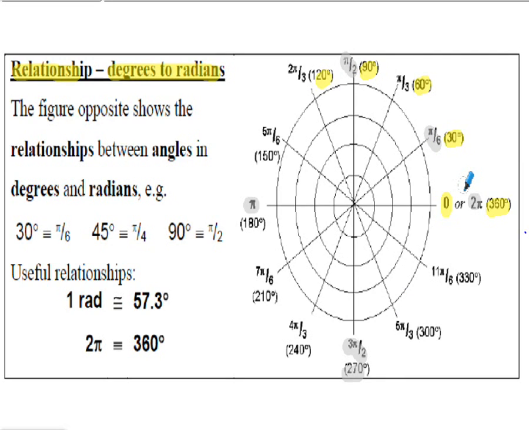So 30 degrees is pi upon 6. 60 degrees would be 2 pi upon 6, which cancels to pi upon 3. 120 degrees would be 4 pi upon 6, which cancels to 2 pi upon 3. 150 degrees is 5 pi upon 6, and 180 degrees, as we said previously, is pi radians. 210 degrees would be 7 pi upon 6 radians, etc. The angle of 45 degrees would be a line through here, and 45 degrees would be in radians pi upon 4.